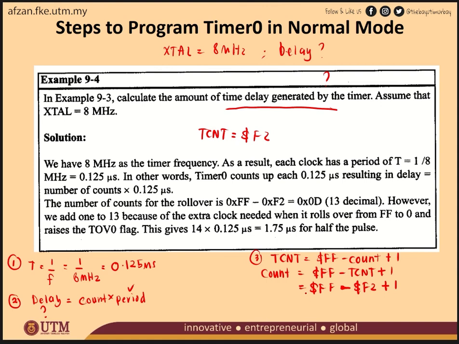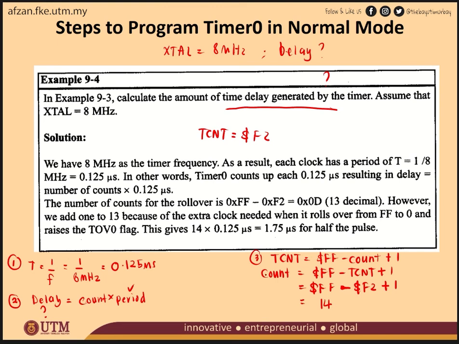So you get FF minus F2. FF minus F2, what do you get here? 0D. Plus 1, you get 0E, which is 14 in decimal.